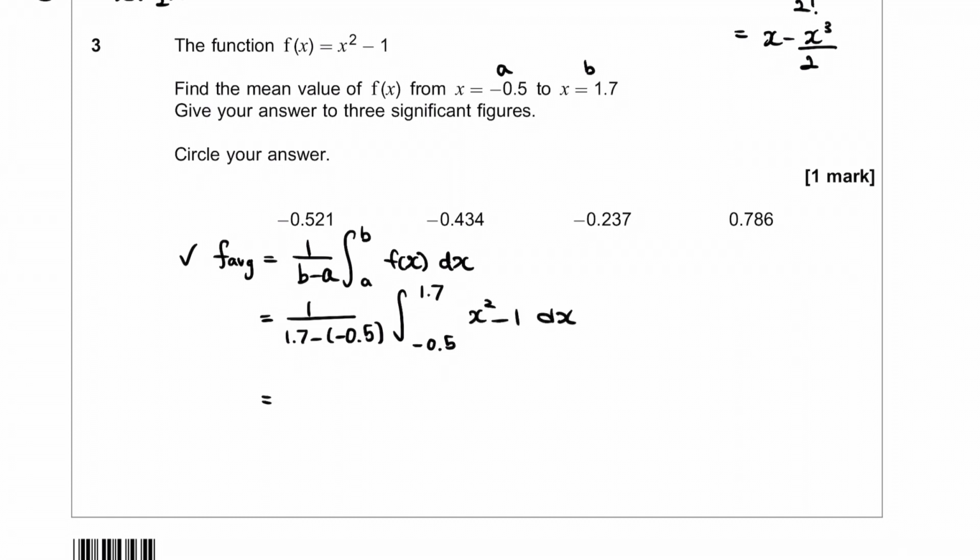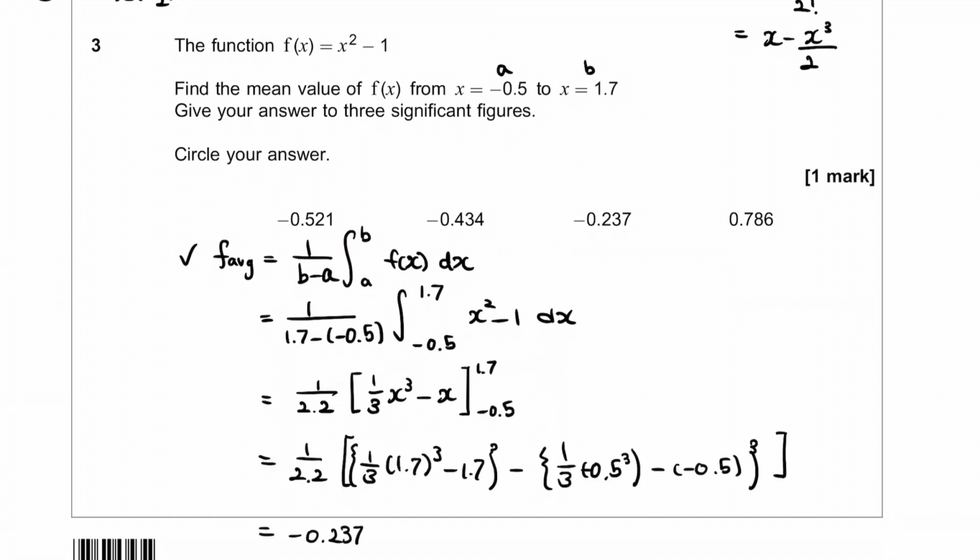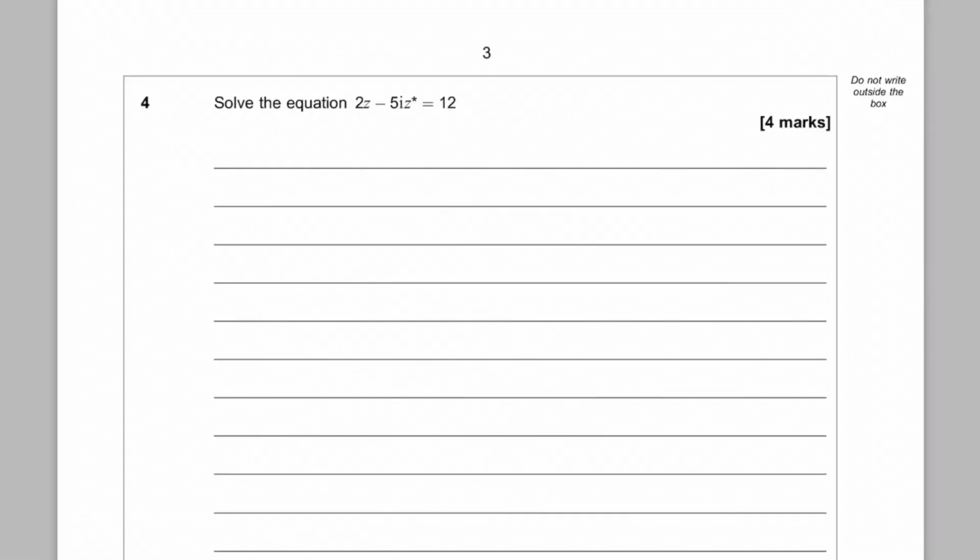Then the fraction in front of the integral becomes 1 over 2.2. And then the integral of x squared is 1/3 x cubed, and the integral of 1 is x, and that ranges from negative 0.5 to 1.7. So if you solve this integral by substituting 1.7 and negative 0.5, you get negative 0.237 as your answer.